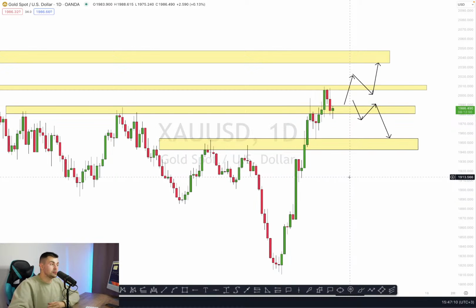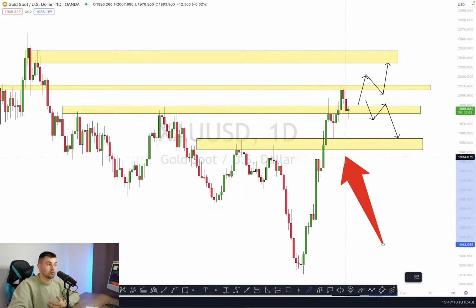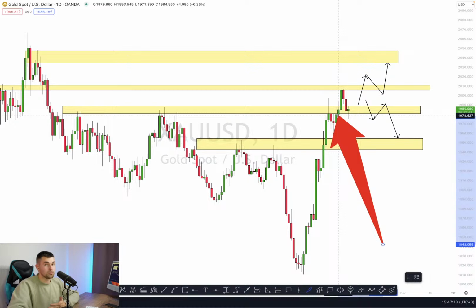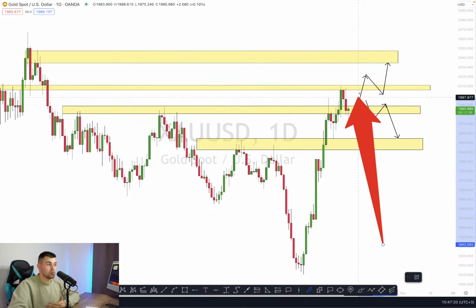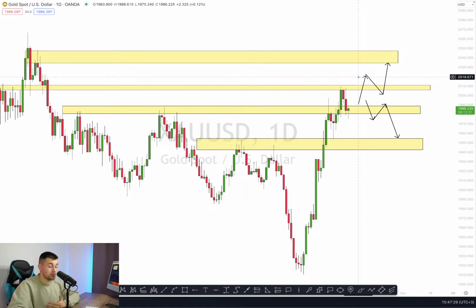And concerning my personal predictions, I always say that the trend is always our friend. And now we have a strong bullish trend here on gold. So of course, probabilities are higher that gold will go to that horizontal resistance. Personally, I am on the bullish side.